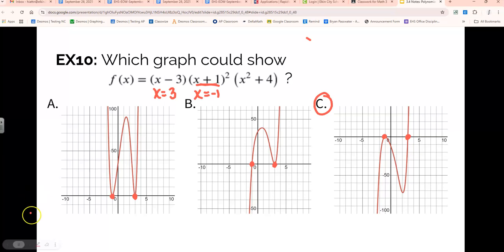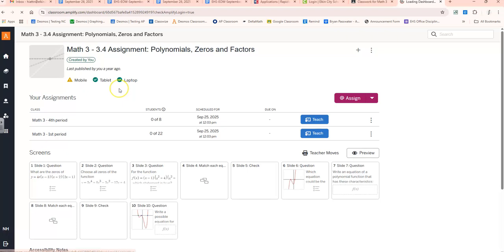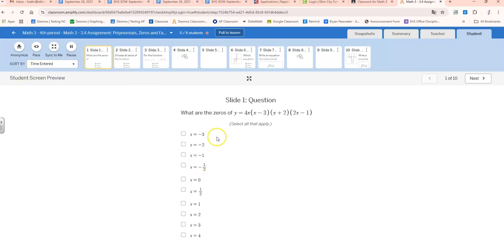You are going to have an assignment on Amplify. So if you go to Amplify there, let me pull this up right here real quick. Okay, so looking at this assignment, it has several different things that you'll work through. It'll ask you things like what are the zeros.